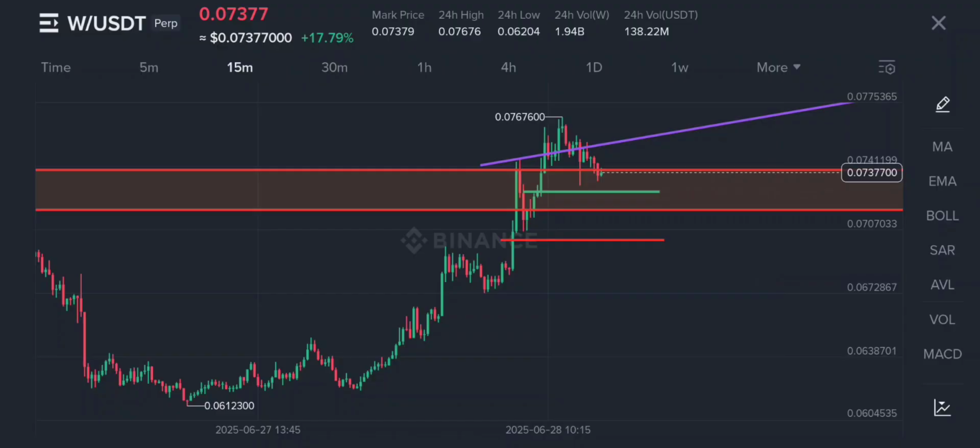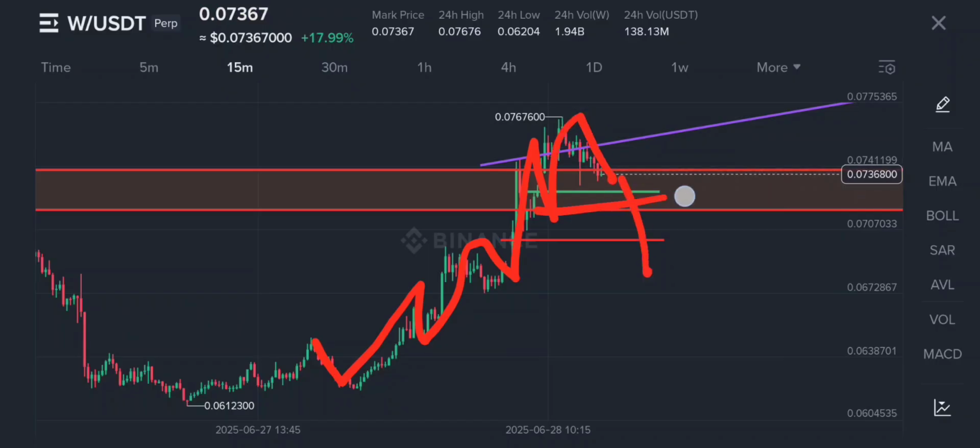You see, the market is going up, giving us a higher high and all that, and it's here. So if it breaks this low, that means the structure of the market has shifted. So that is why we are placing our stop loss here.